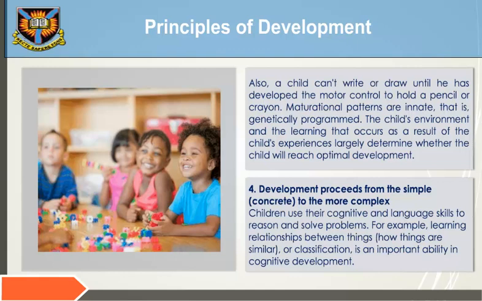4. Development proceeds from the simple, concrete to the more complex. Children use their cognitive and language skills to reason and solve problems. For example, learning relationships between things, how things are similar, or classification, is an important ability in cognitive development.